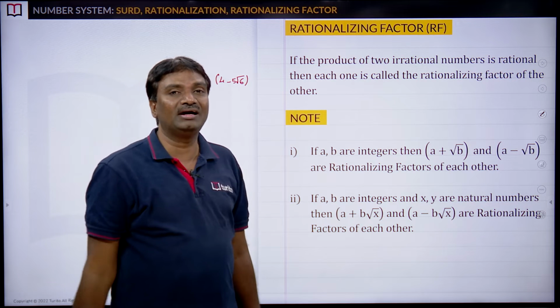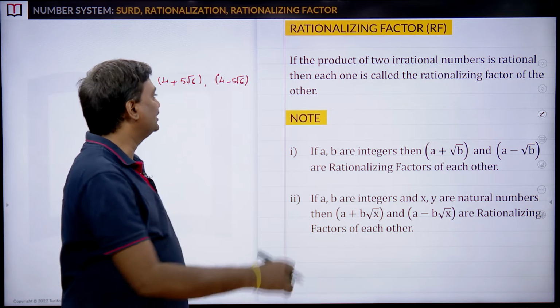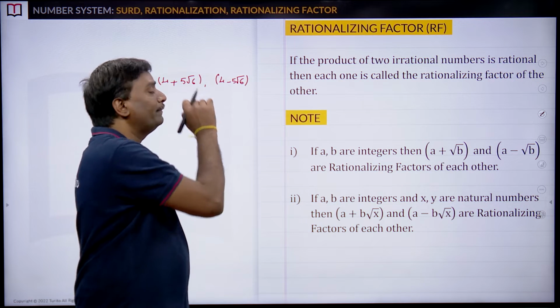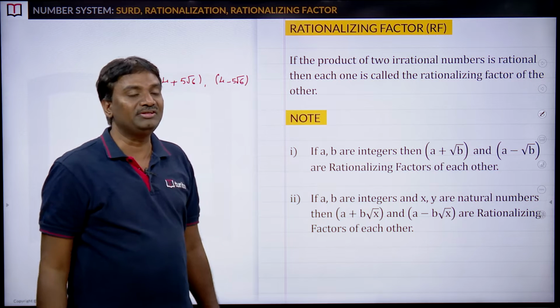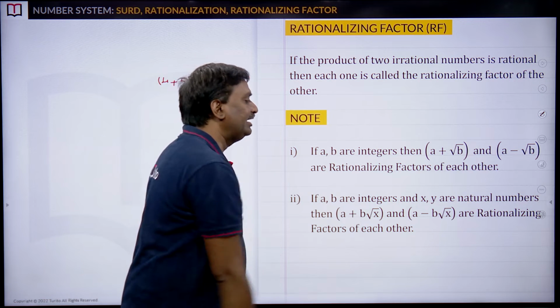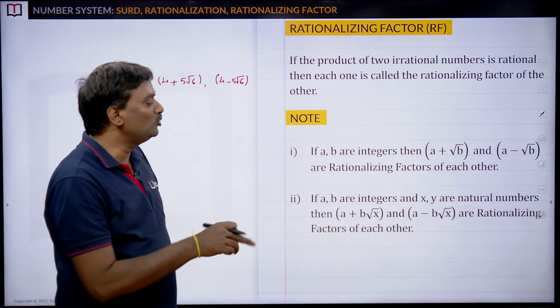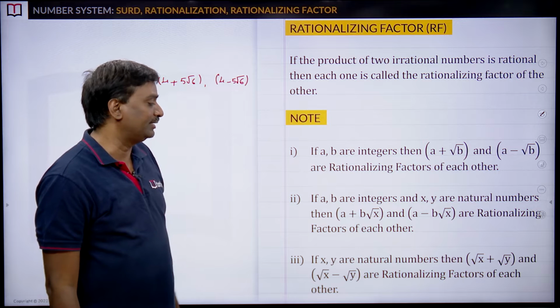By simplifying that you will get a number that is rational. That is why we can say 4 plus 5 root 6 and 4 minus 5 root 6 are rationalizing factors of each other. So, if a, b are integers and x, y are natural numbers, then a plus b root x and a minus b root x are rationalizing factors of each other.